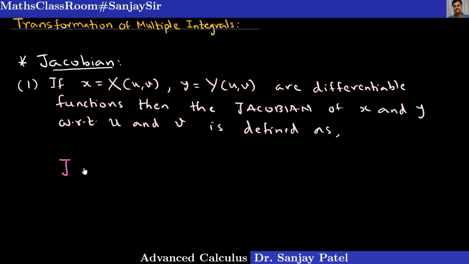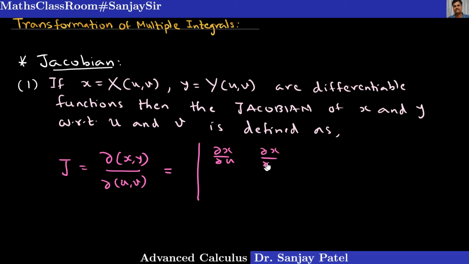the notation is J, or you can also denote it by the notation delta of x comma y upon delta of u comma v. The meaning of this symbol is the determinant with delta x by delta u, delta x by delta v, meaning the partial derivatives of x and y with respect to u and v.